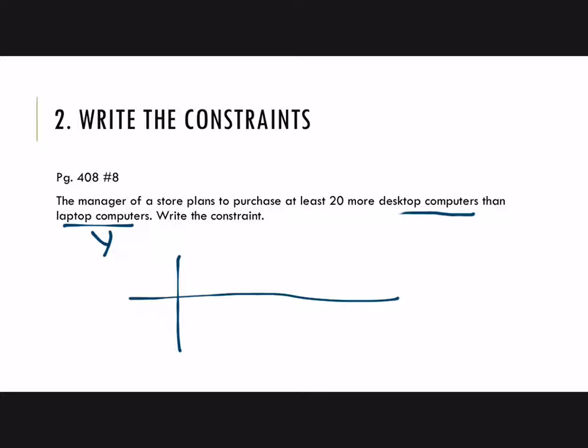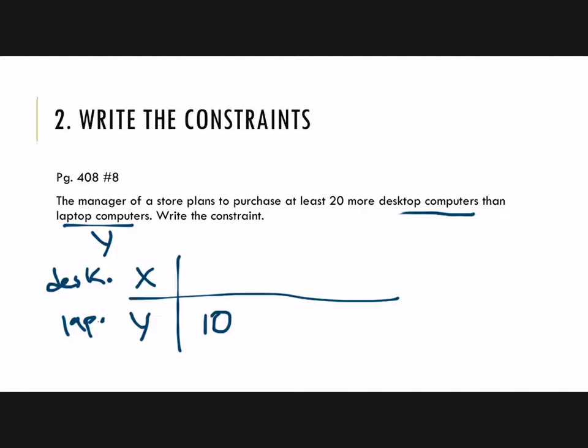Okay, so I have x is the desktops, y is the laptops. And if it's at least 20 more desktop computers, then let's pick just some numbers here. So say it's 10 laptops.